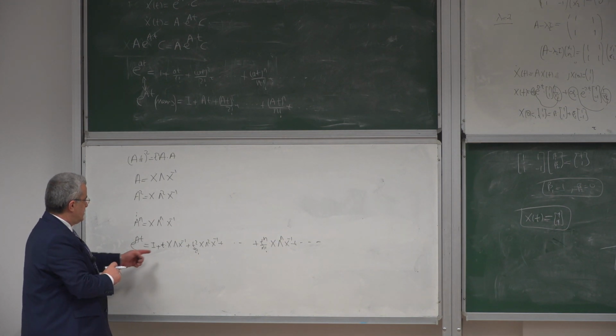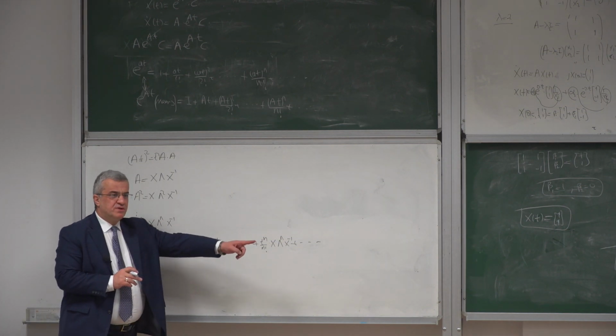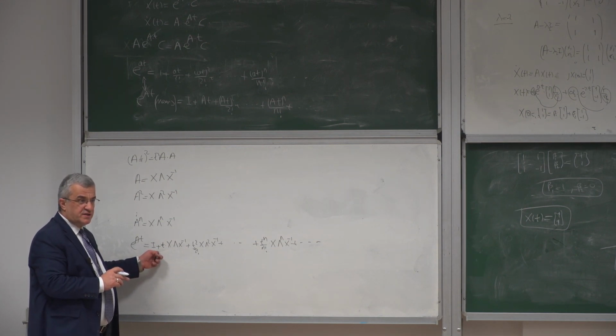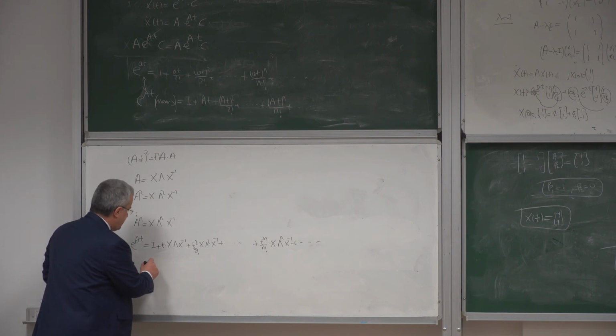Okay? So this X inverse exists in all of them. As a result, it's also here, right? I can write identity as X times X inverse. Therefore, I can take common here.